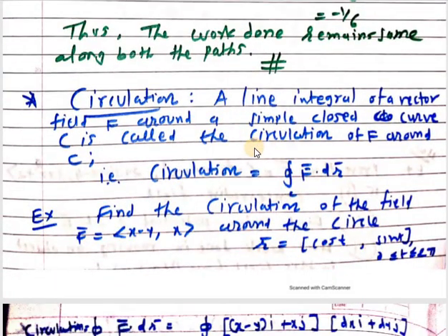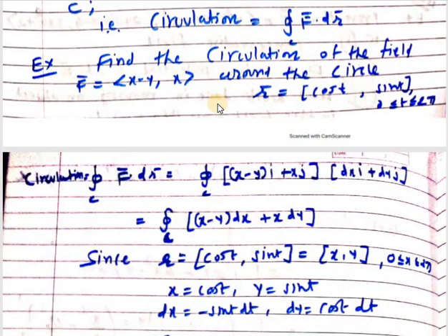Here circulation, that means what? A line integral of a vector field f around a simple closed curve C is called the circulation of f. That means whatever curve is there, if the curve is closed, then the line integral becomes circulation. So here the simple question is: find the circulation of this vector field f bar around the circle from 0 to 1.